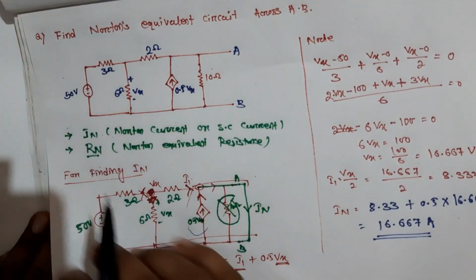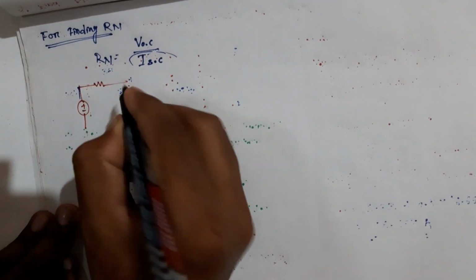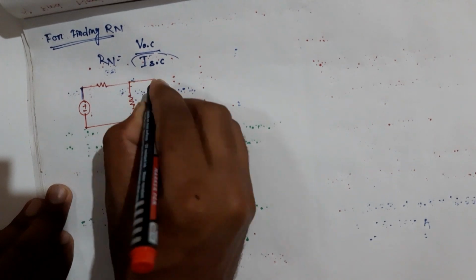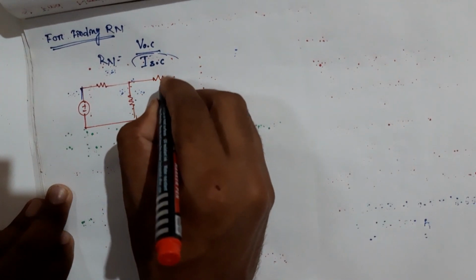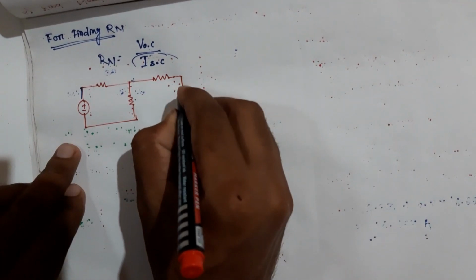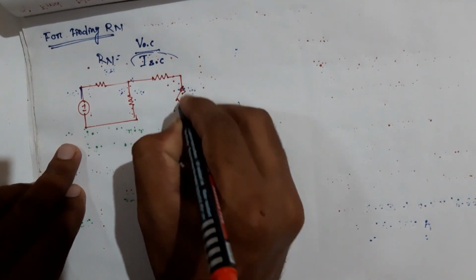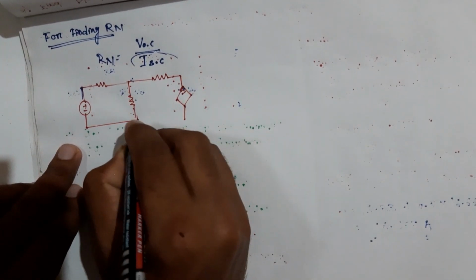Again, redraw the question. This is the question, this is 15 volt. Sorry, this is the dependent source.